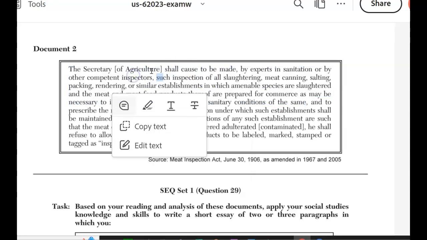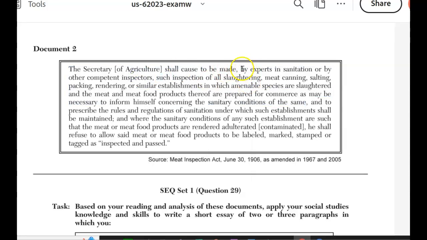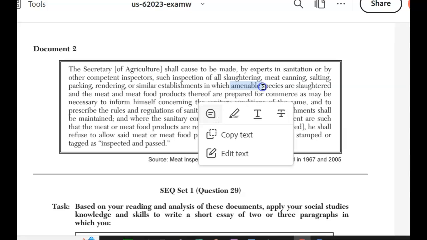The Secretary of Agriculture is going to hire experts in sanitation to make inspection of slaughterhouses, meat canning facilities, packing. Rendering is when you melt down the fat on meat, or similar establishments in which amenable species.